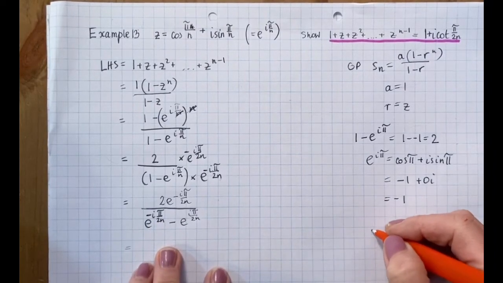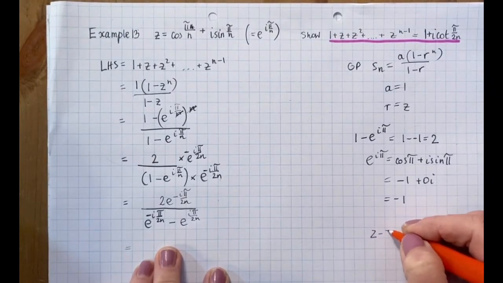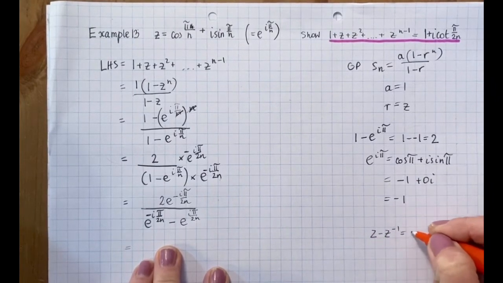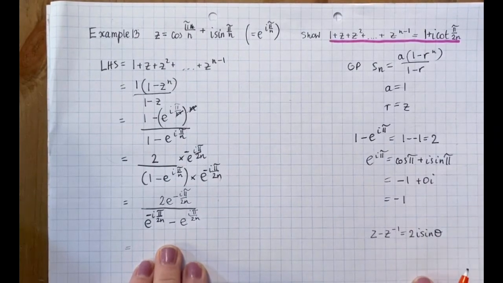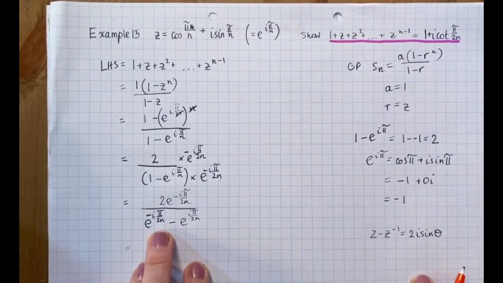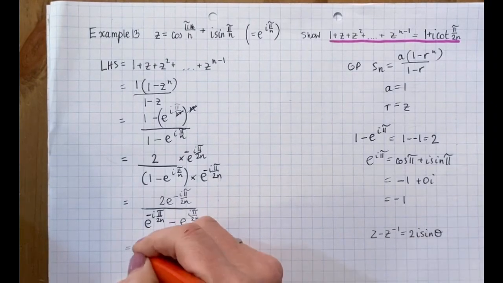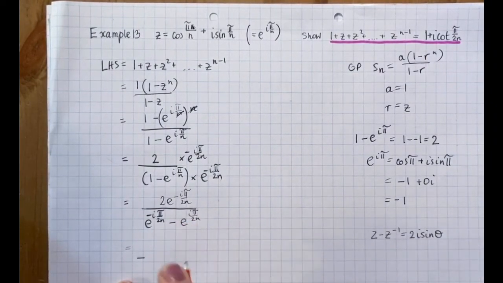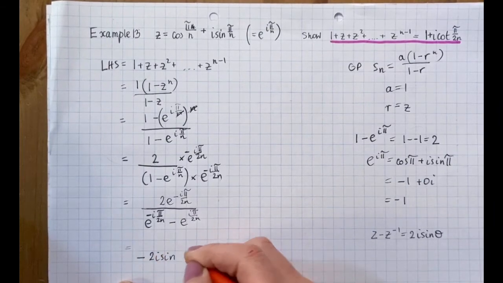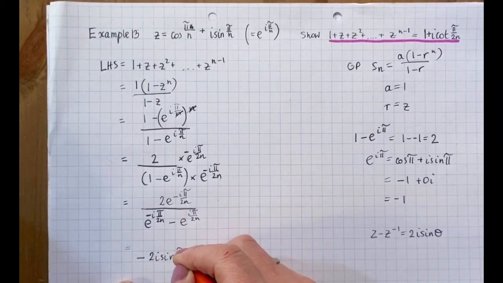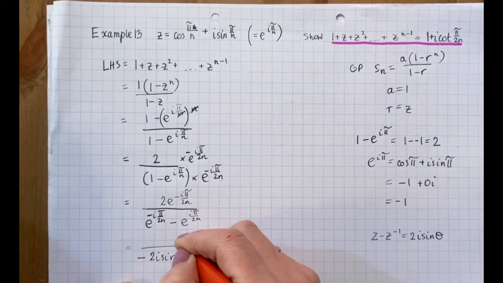So we're going to use z minus z to the power minus 1 is equal to 2i sine theta identity, theta here is pi over 2n. But it's a minus because these terms are reversed, so minus 2i sine pi over 2n. This is what we've got in the denominator.